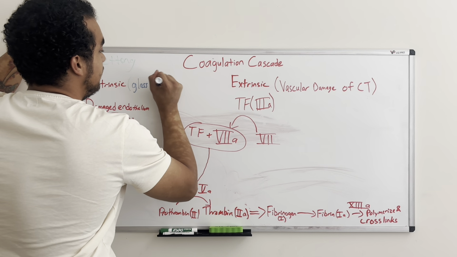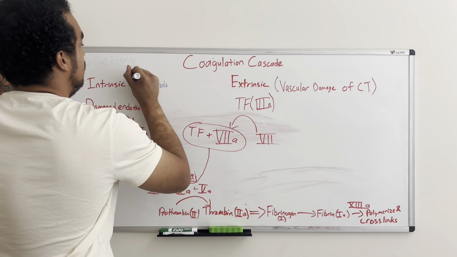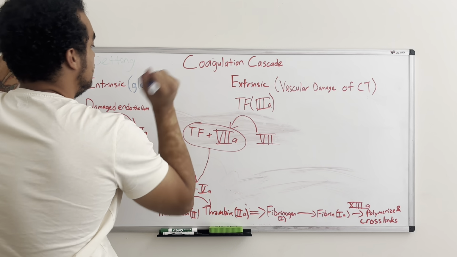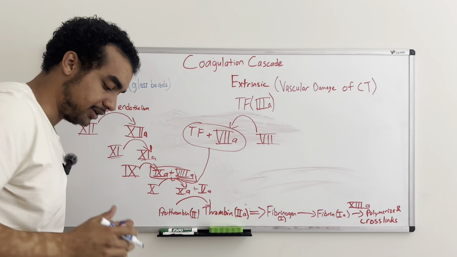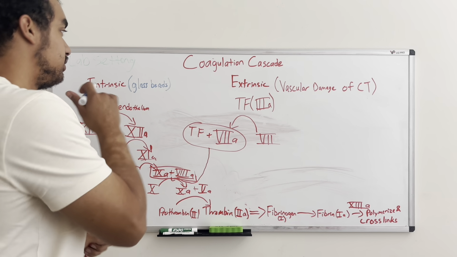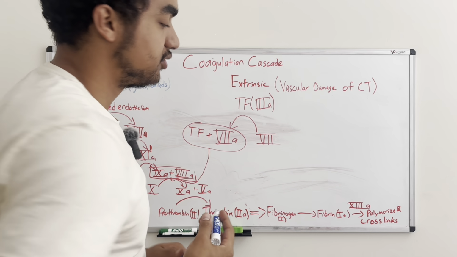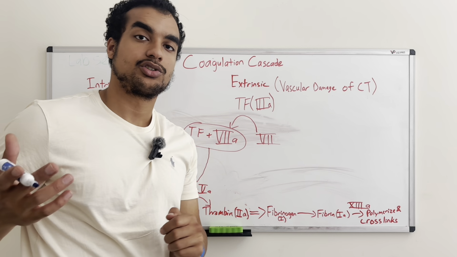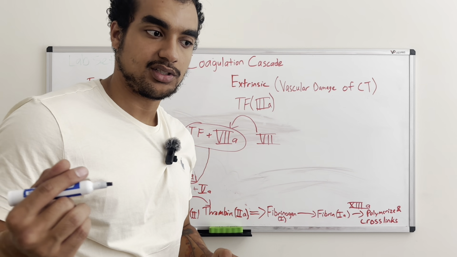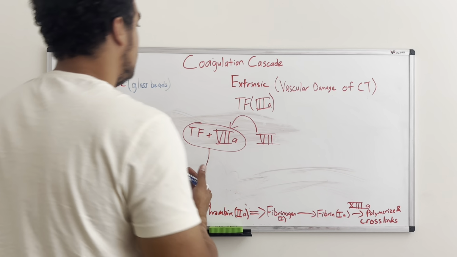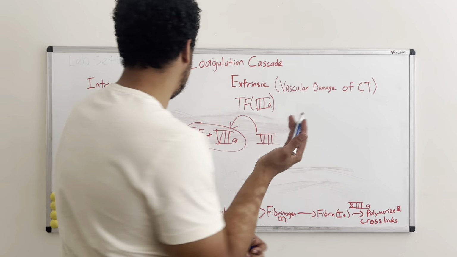These glass beads have negatively charged surfaces, which lead to an activation of the intrinsic pathway. And also in a laboratory setting with the extrinsic pathway, the researcher or the scientist can just inject tissue factor or add tissue factor to the sample.